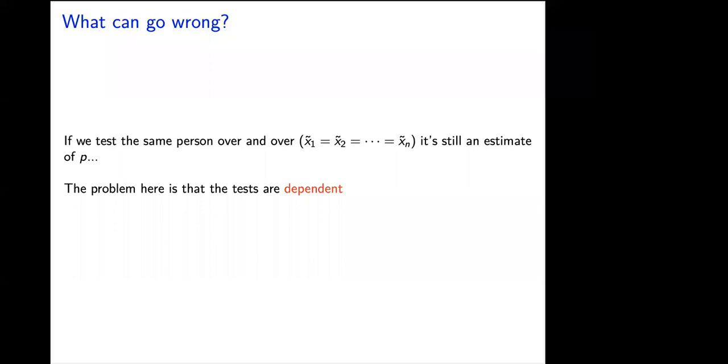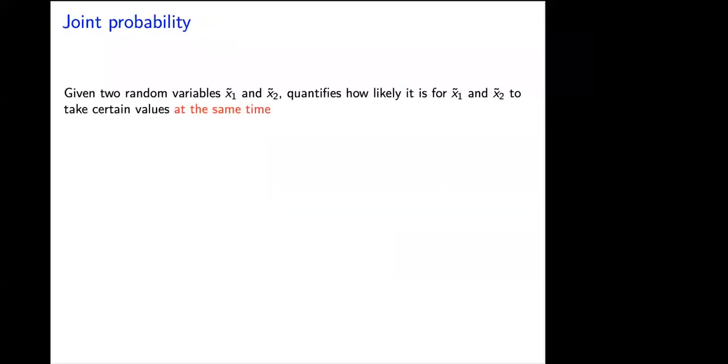So given that these tests are not actually fully independent of each other, we need to start talking about the joint behavior of these random variables. That is, how do they behave in concert? So the joint probability, right?